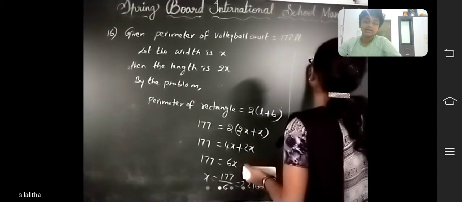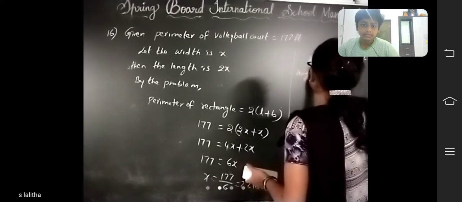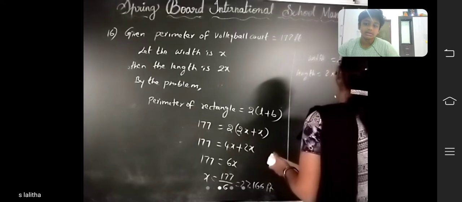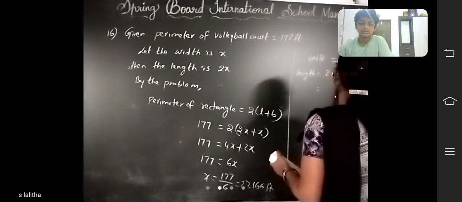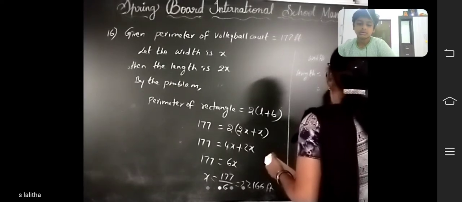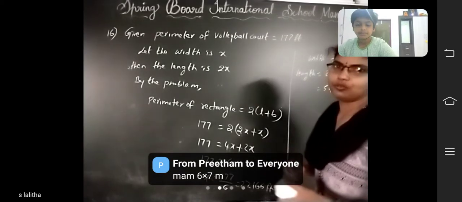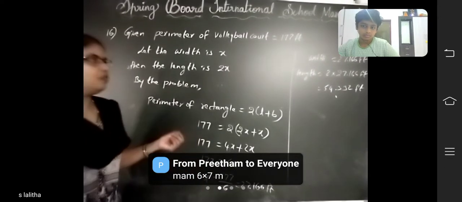Next, length. Length is equal to 2 into 27.166 feet. So how much? 2 sixes are 12, 2 ones are 2, 2 sevens are 14, 2 twos are 4, so 54.332 feet. Okay, right. These are the dimensions of the volleyball court.